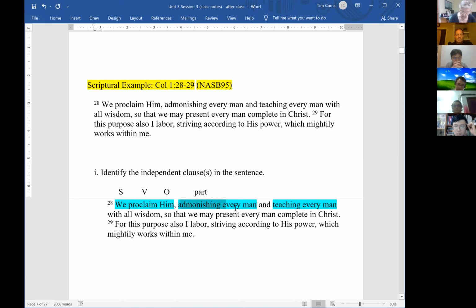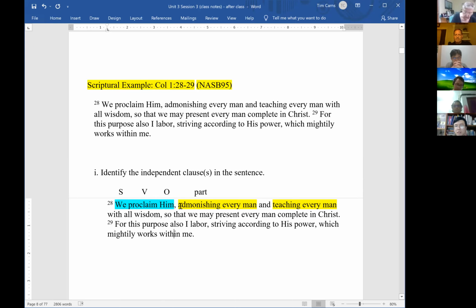So this particular group of words here is actually a phrase rather than a clause, because there's no subject, and the admonishing here is a participle, not a regular verb. It's the same for teaching every man. All right. So in this case, we only have we proclaim him as our independent clause, which stands alone in this particular case.